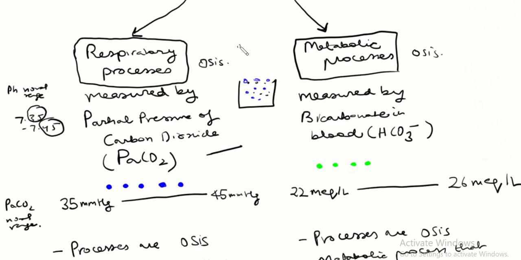Any carbonated beverage is carbon dioxide dissolved in water or a solution, and that's bubbling. That amount of carbon dioxide dissolved in water can be measured using partial pressure of carbon dioxide. So now you know what it is.